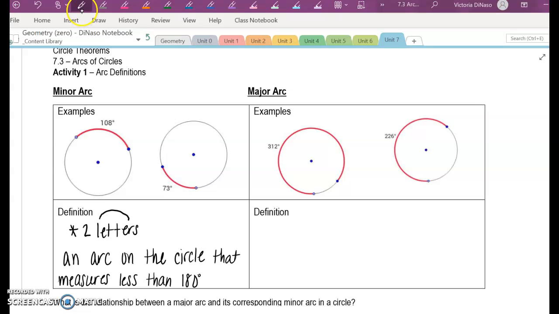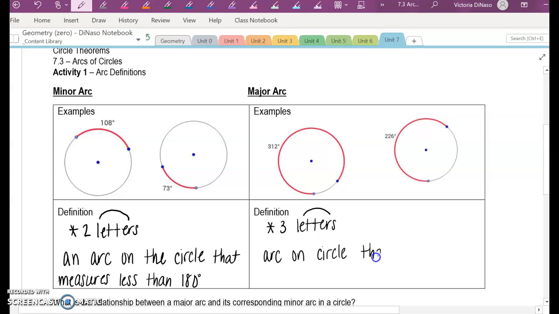A major arc always uses three letters to name the arc, and it uses that arc symbol. And this is another arc that's on the circle that measures more than 180 degrees. And it's always going to be less than 360 because 360 degrees is a full circle.